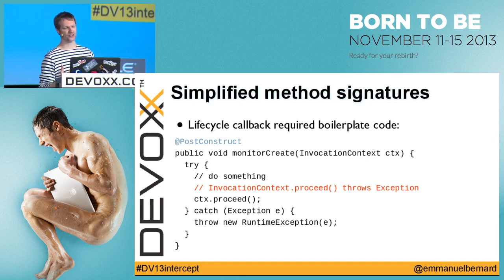So the signature that was enforced by Java EE 6, I believe, was to really force you to say it's a public void, the name of my method, I'm receiving the invocation context, and I don't throw any exception. And the problem with that is when you call invocationContext.proceed, you need to wrap that into a try-catch, and the code feels a bit ugly, right? Plus, it's totally useless wrapping here.